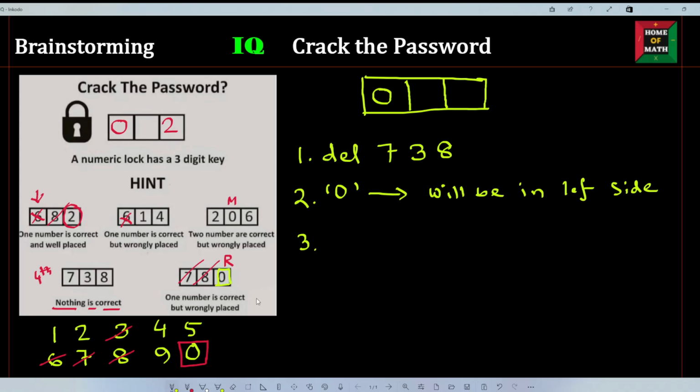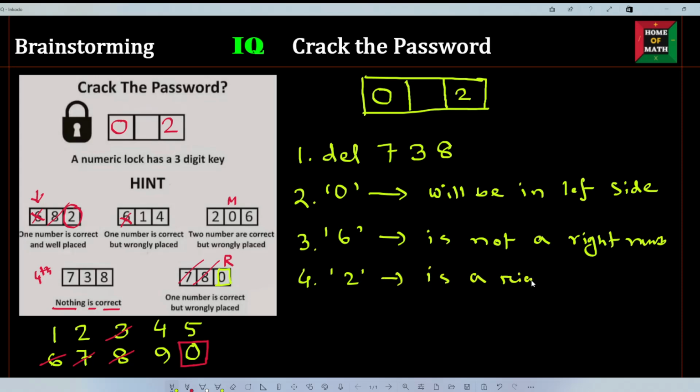So we can write here 2. 6 is not a right number. 2 is a right number and place is right.